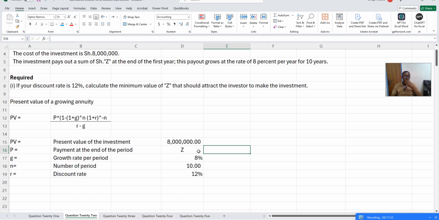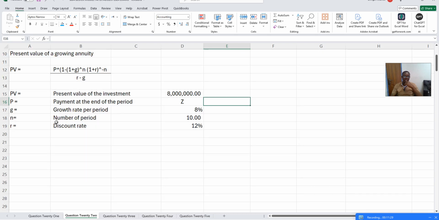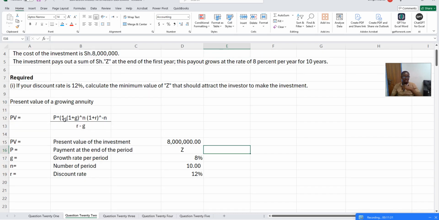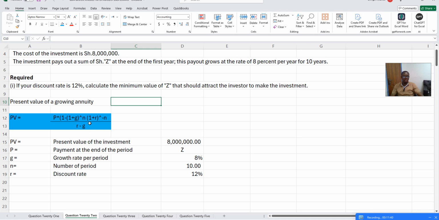So preparing all this, the next stage will be for us to substitute this data in our formula. This is the formula that we'll be using.